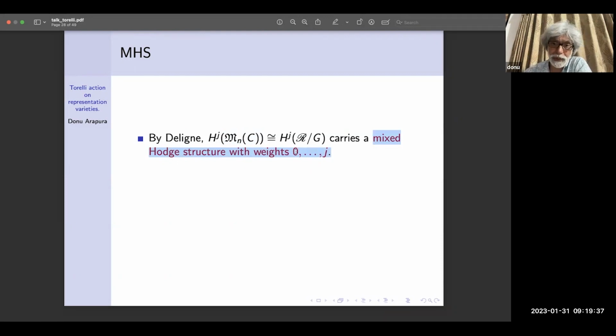And by Deligne, the weights are between 0 and j. I want to emphasize that the mixed Hodge structure is very much dependent on C, and that actually will show up implicitly, at least in some of the arguments.